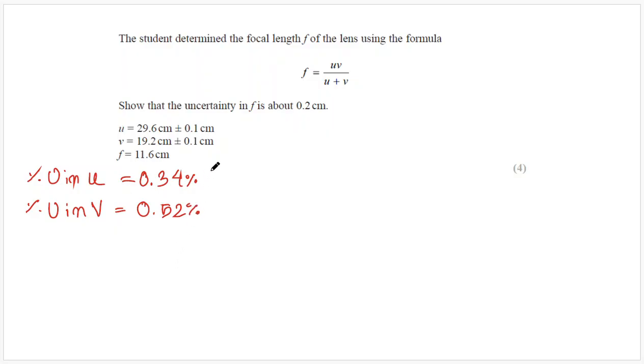All right. Now, think of UV as a quantity. And since U and V are in product form, you consider their percentage uncertainties.